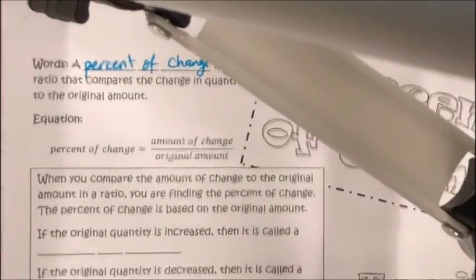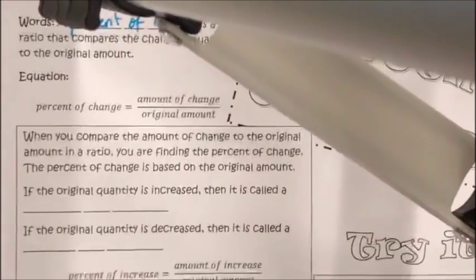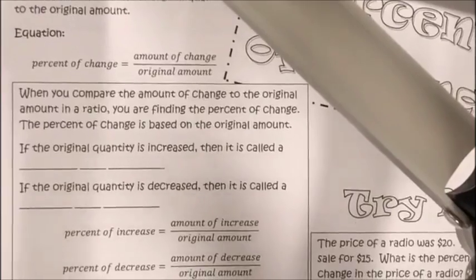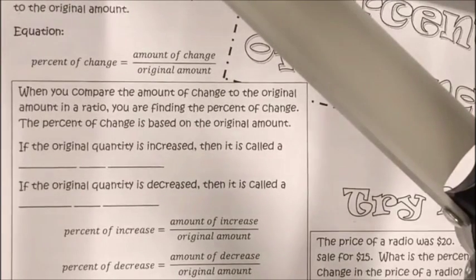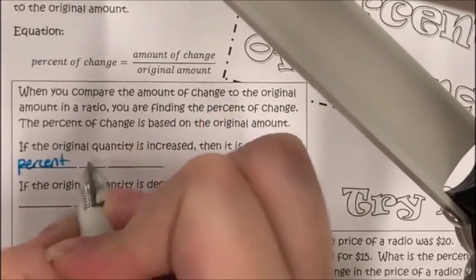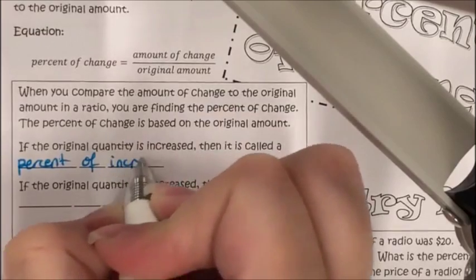All right, so in this first box, it says, when you compare the amount of change to the original amount in a ratio, you are finding the percent of change. The percent of change is based on the original amount. If the original quantity is increased, then it is called a percent of increase.